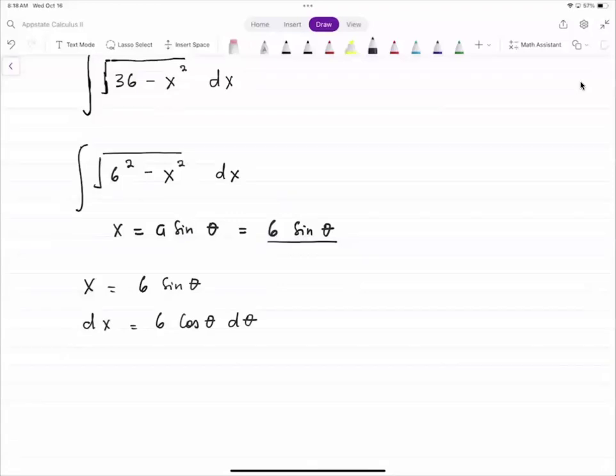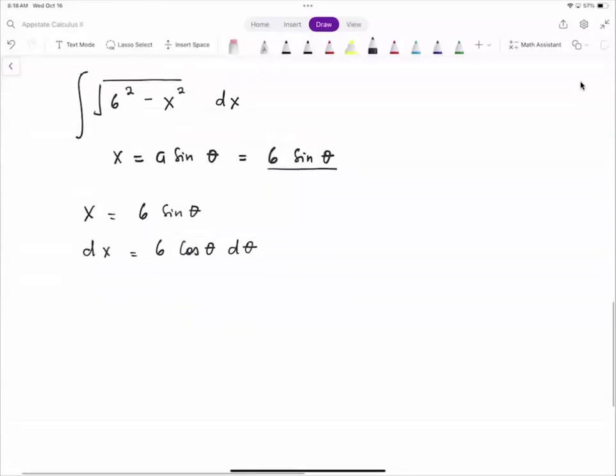Okay, let's proceed. So now let's represent everything here from x to theta. Now we have our integral sign here. This is the radical sign.